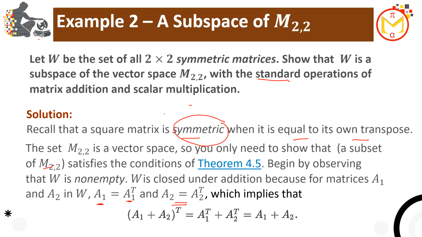The transpose of the sum should also equal the sum of the transposes, and it should be the same. So when we do the addition, that is similar to the transpose.